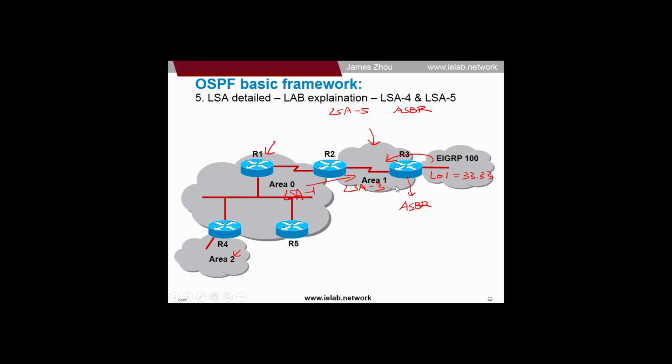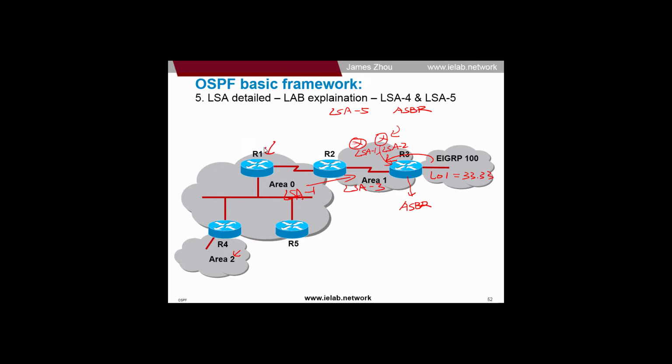There is no LSA4. Why? Because in this area, area 1, other routers like R2 can use LSA1 and LSA2 to calculate the distance to the ASBR, right?